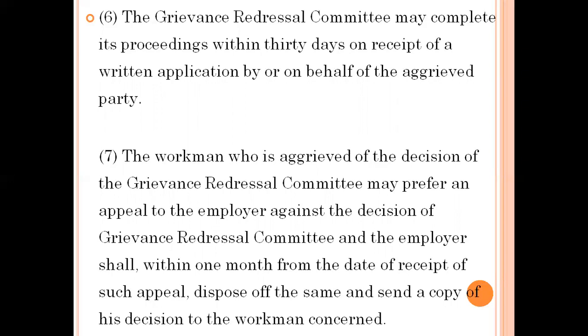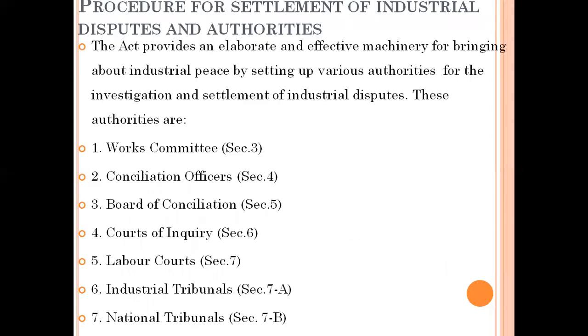And the workman who is aggrieved of the decision of the grievance redressal committee may prefer an appeal to the employer against the decision, and the employer shall, within 1 month from the date of receipt of such appeal, dispose of the same and send a copy of his decision to the workman concerned. So these are the procedures. These are the matters related to the setting up of grievances redressal committee.